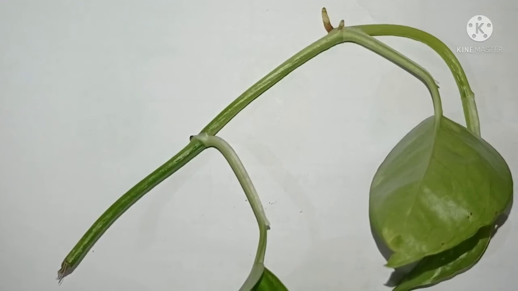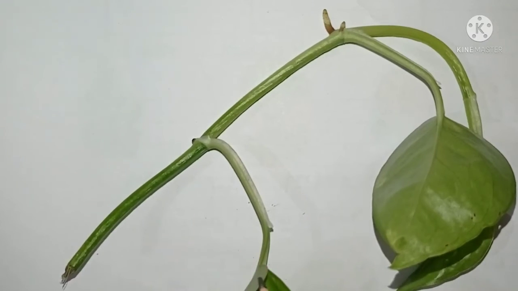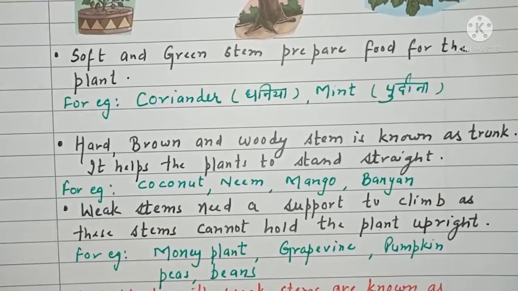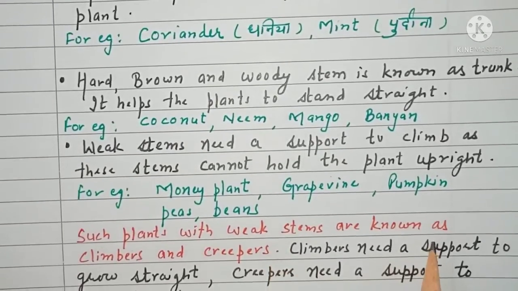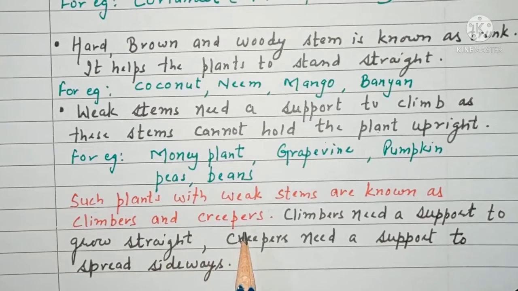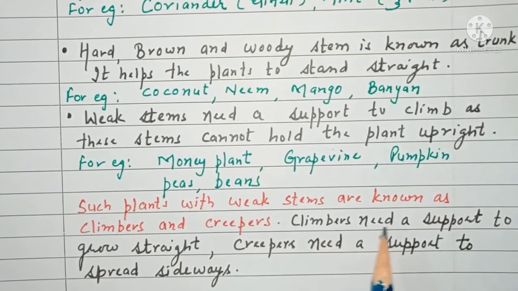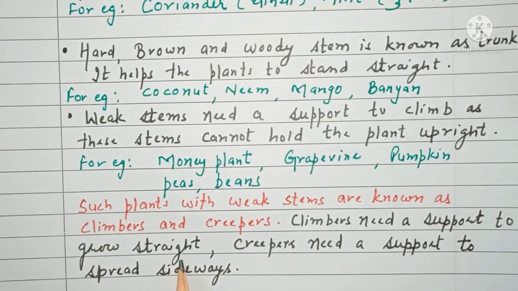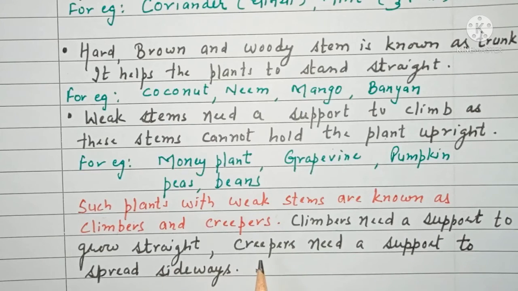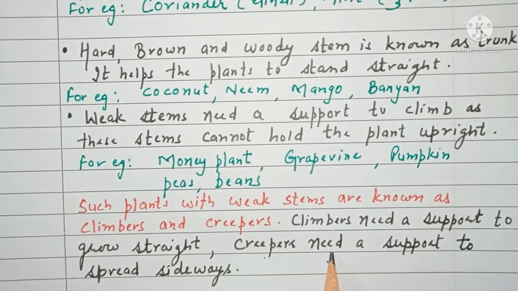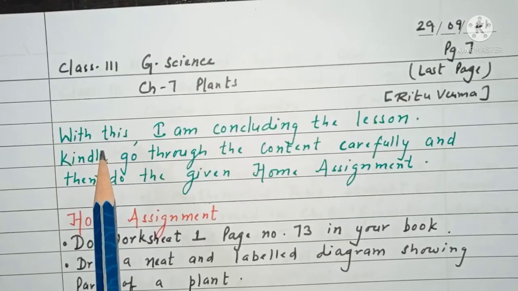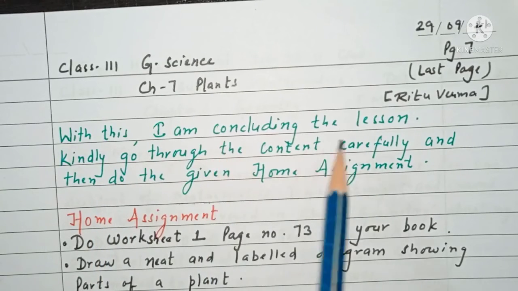So money plant is having a weak stem. Such plants with weak stems are known as climbers and creepers. Climbers need a support to grow straight, as we have done money plant, and creepers like pumpkin, they need a support to spread sideways. With this, I am concluding the lesson.